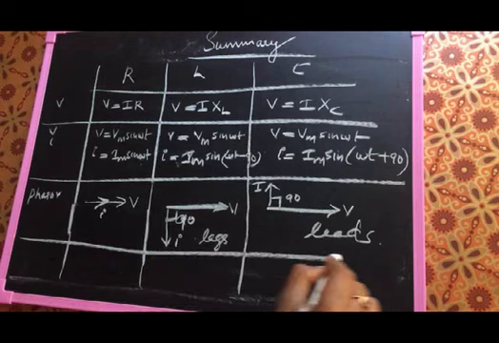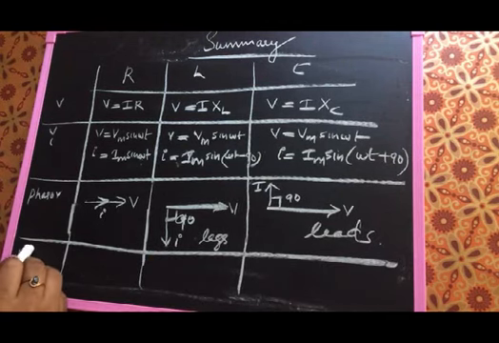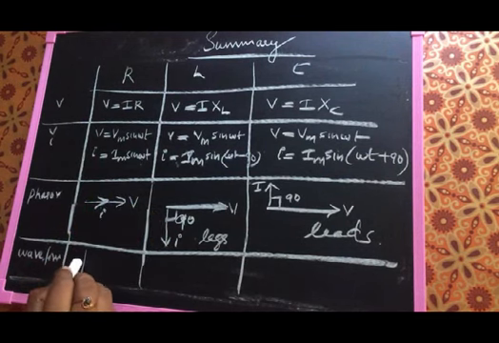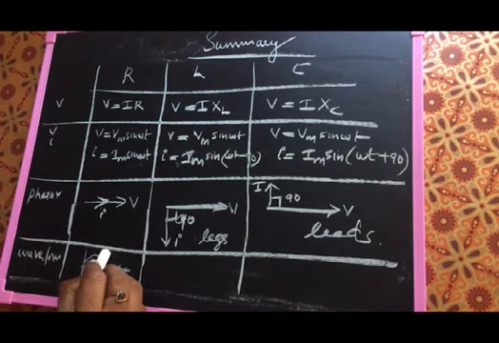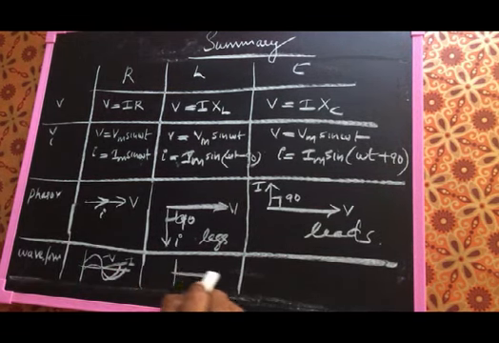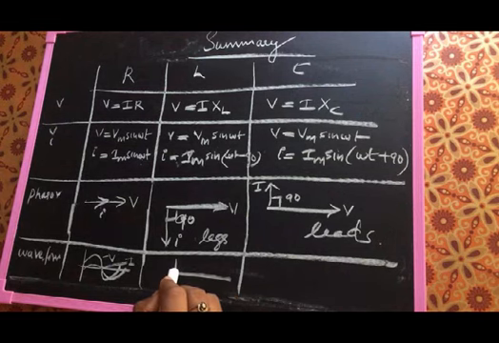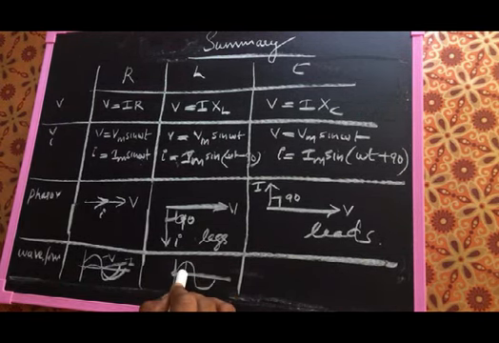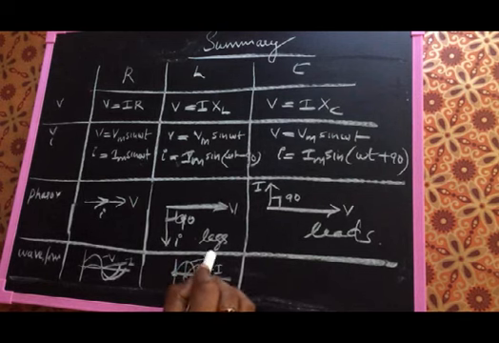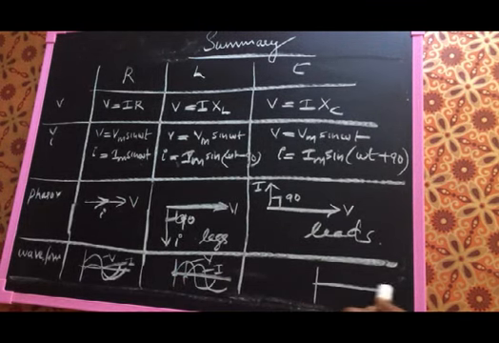There is one more thing which we have to draw, the waveform. If it is in phase, both voltage and current will start from the same point. If it is lagging, voltage always starts from 0, and lagging means the current starts after 90 degrees. This is the current, and this is the voltage.